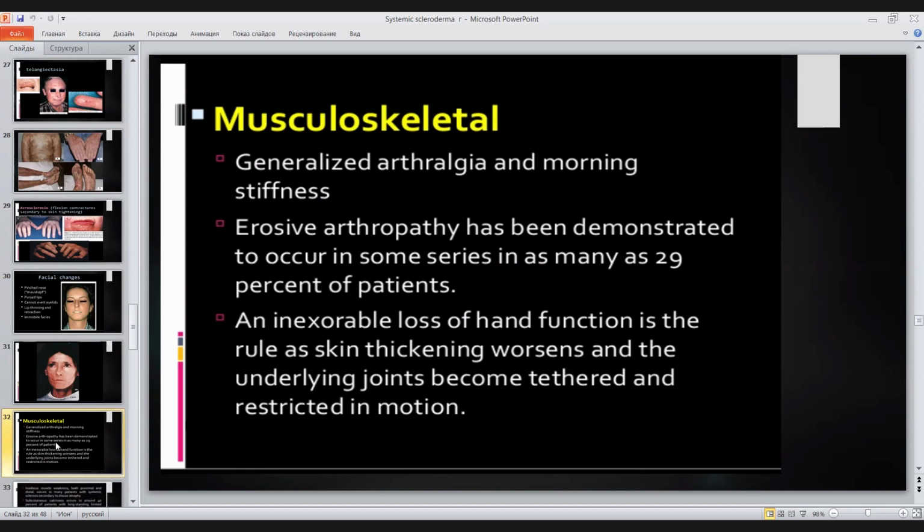Erosive arthropathy might be found by you in 30% of patients. But if a patient comes with pain as the first symptom of systemic scleroderma, you should ask whether it is symmetrical or not, which joints are affected, and about X-ray findings.